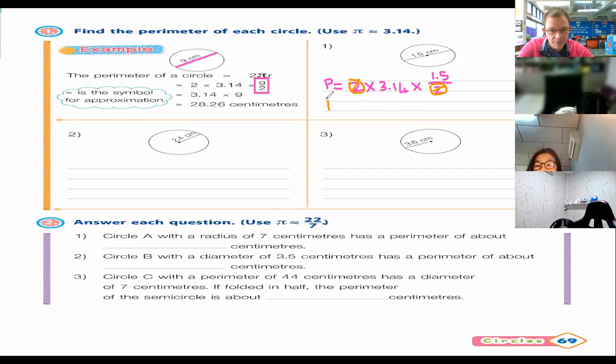And we can say the perimeter will equal 3.14 multiplied by 1.5. So what is the perimeter over here?